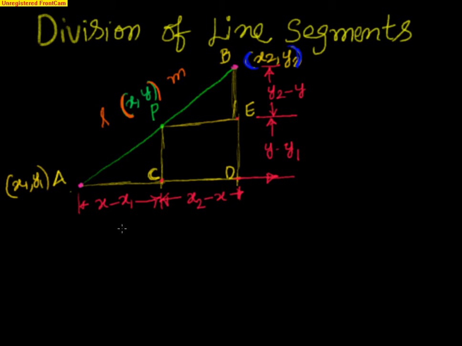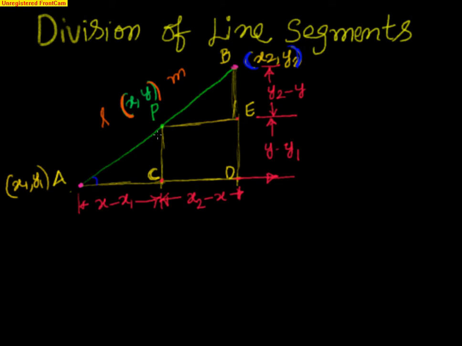Now, we have been given that P divides AB in the ratio of L is to M. That's already given to us. Now let's do one thing. If we observe this diagram very carefully, let's see whether we have any similar triangles in here. AD and PE are parallel lines, so the corresponding angles are equal.